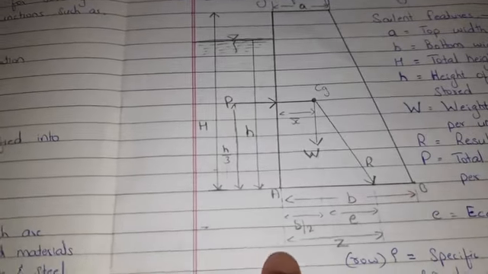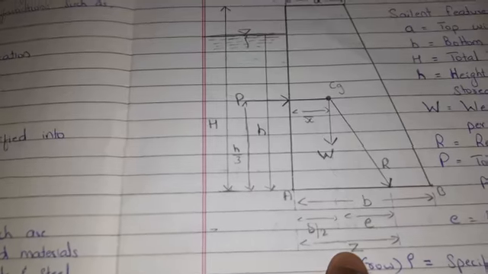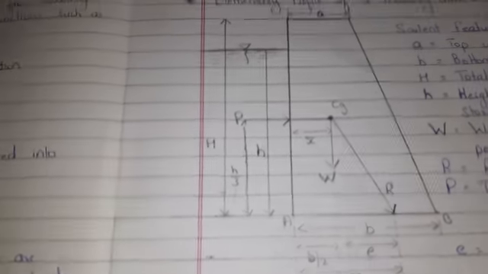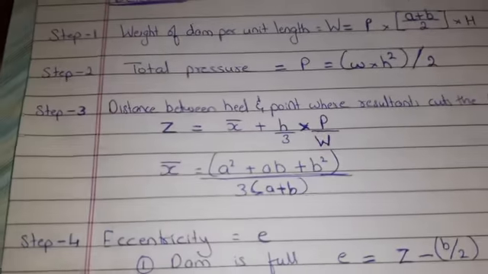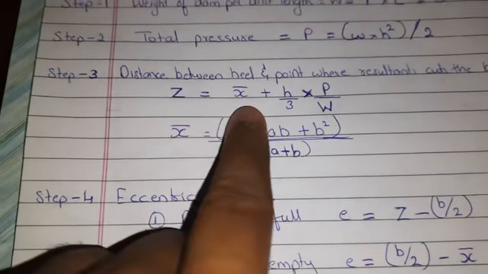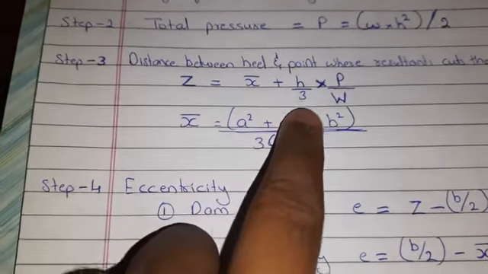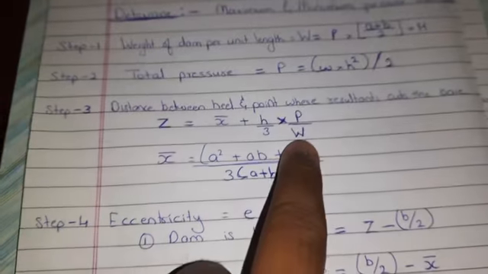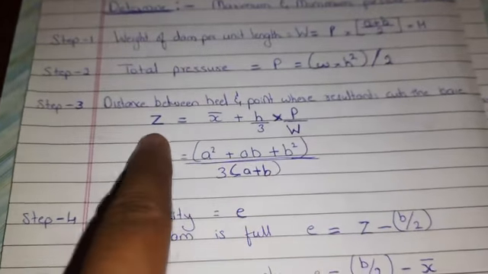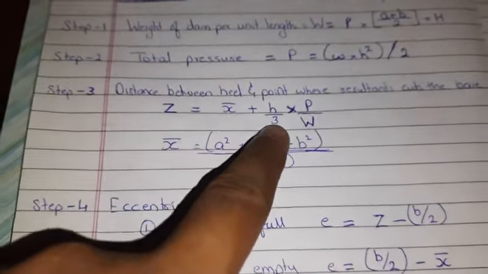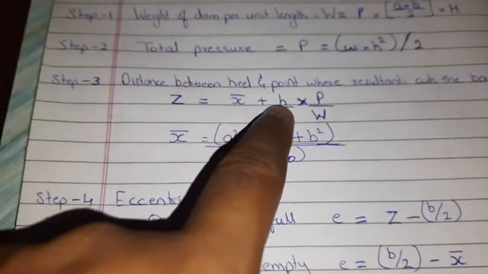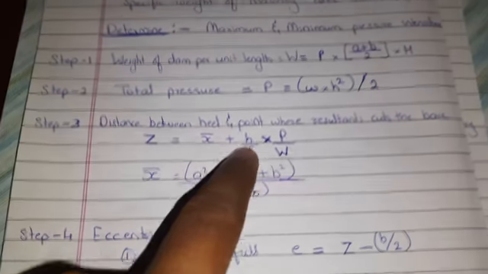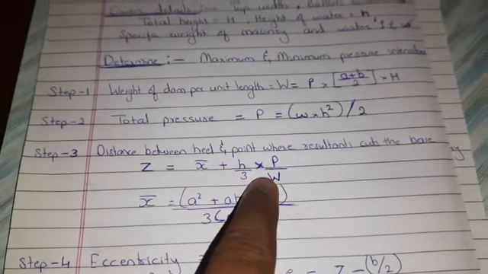Here we have to determine this value Z, and to determine it we have an equation: Z is equal to x bar plus h by 3 into capital P divided by capital W. Here h is the height of water stored in the dam.